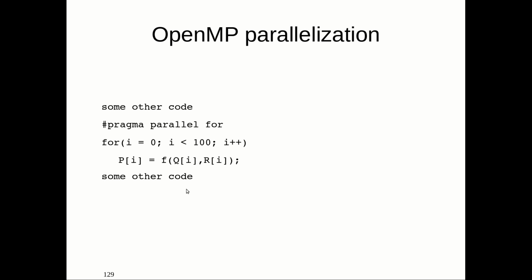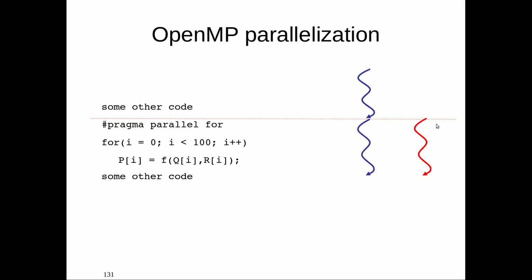In practice, what this looks like is that we have some other code, which may be the sequential portion of the program. Then we have this pragma parallel for, where we update our conditional likelihood vector p, followed by some other code. The way this looks is as follows: we have a single thread doing the sequential operations until we enter this parallel region.